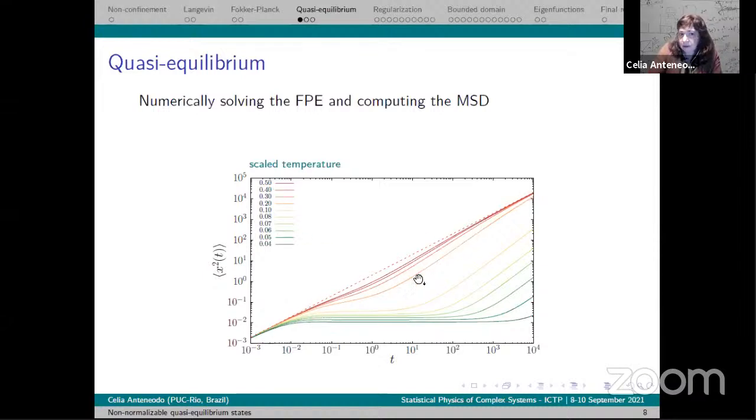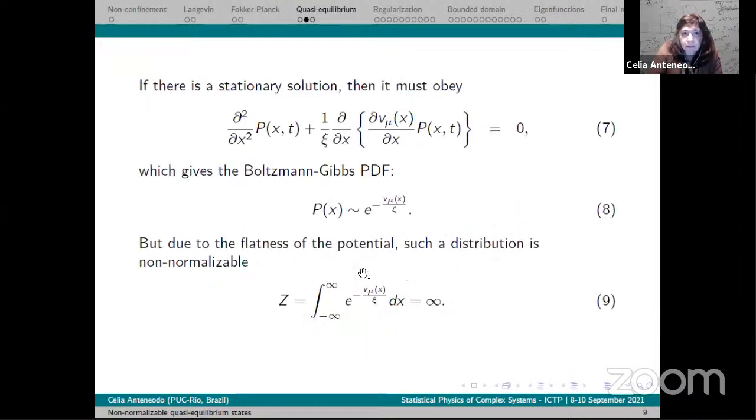But when we decrease the temperature, we start seeing the emergence of this kind of flat region. Of course, at later times, the particles will escape the well, and we will see again free diffusion. But this is the kind of state that we call quasi-equilibrium in this problem, and that I will try to describe.